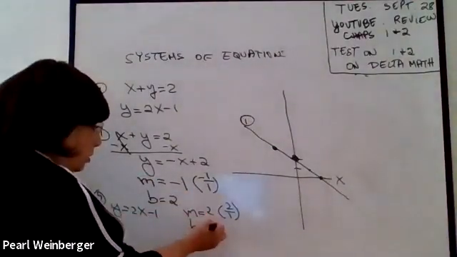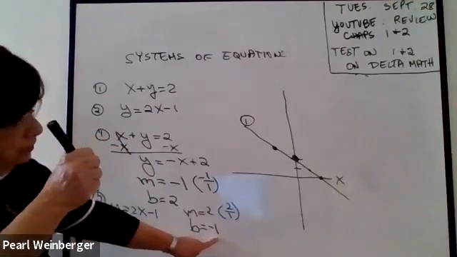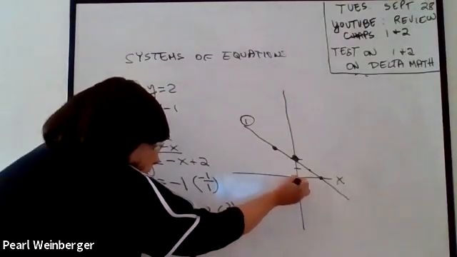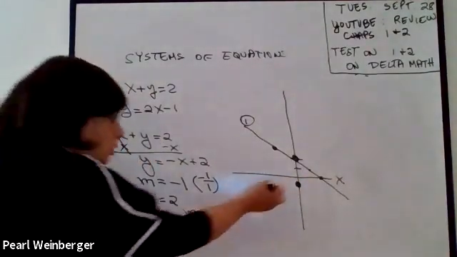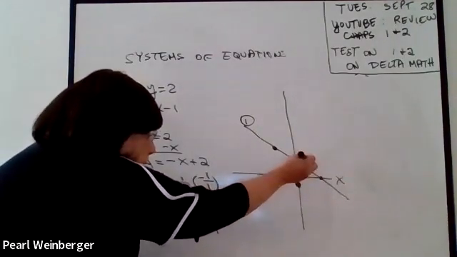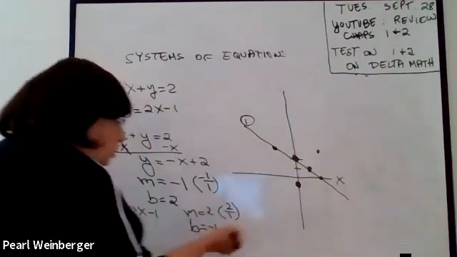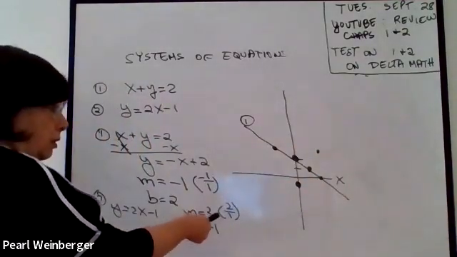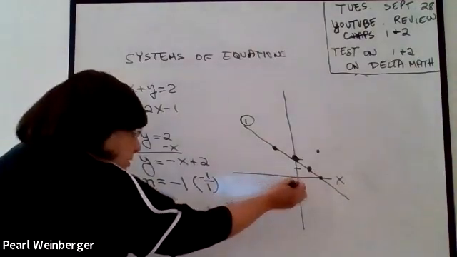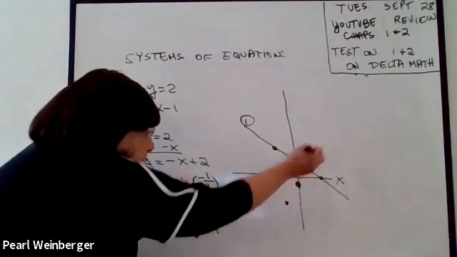negative 1. So for this second line, for line number 2, we're going to start at negative 1 down right here. And then we're going to go up 2 over 1, up 2 over 1, or conversely, we could have gone down 2, but then we'd have to have gone 1 to the left.